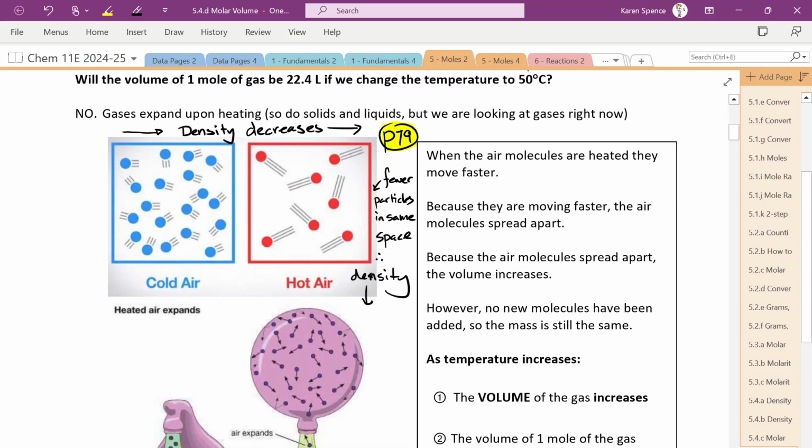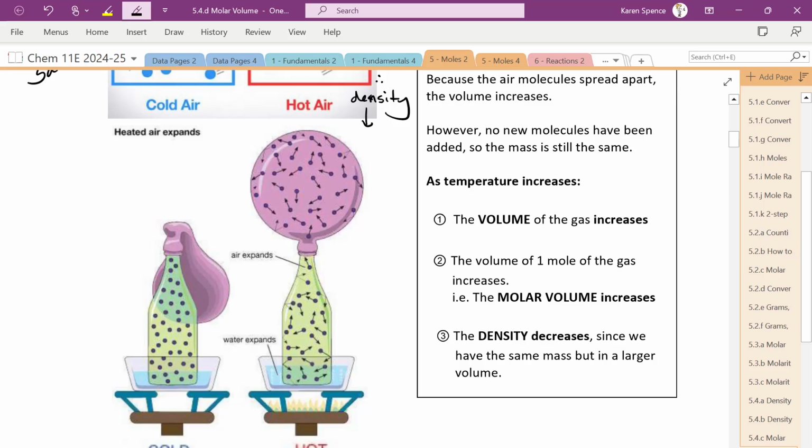All right, and here we have, this one was with the same volume. This has a changeable volume. And what happens when we have a changeable volume? The volume will expand as we heat it.